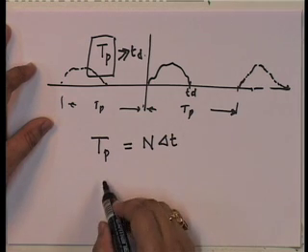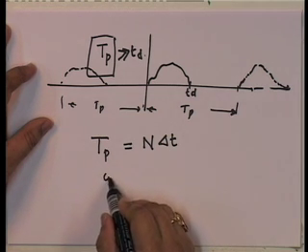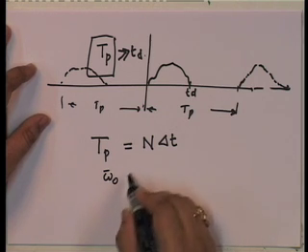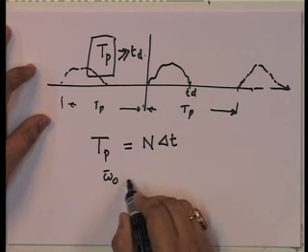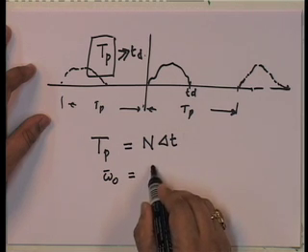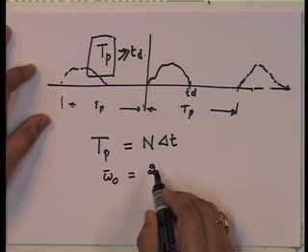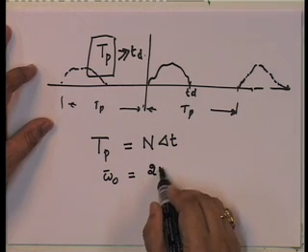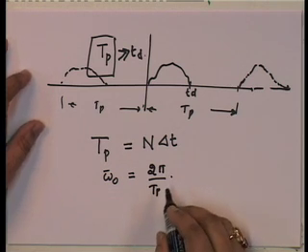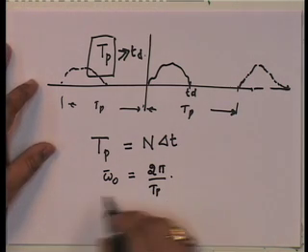There is another thing, and that is delta omega 0, the lowest frequency that I can represent, is going to be equal to 2 pi over T p.